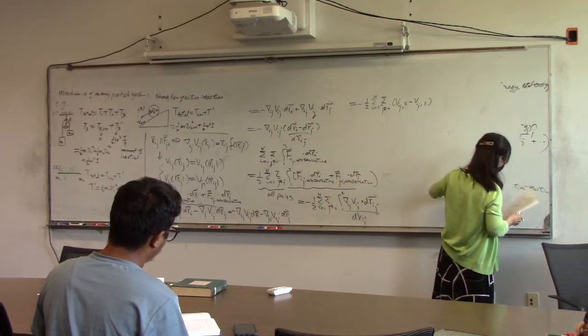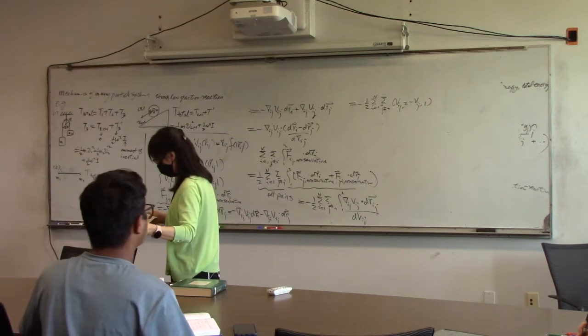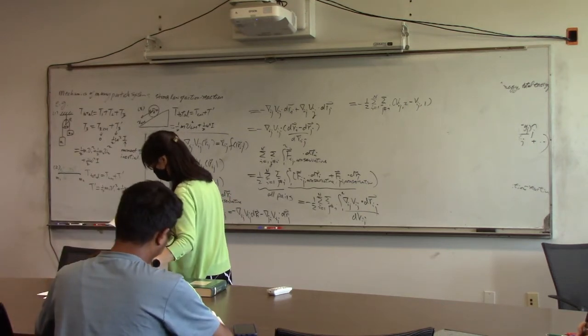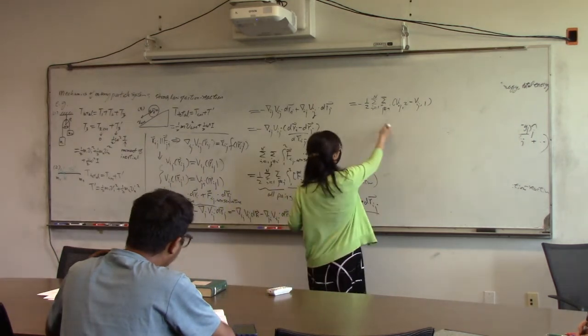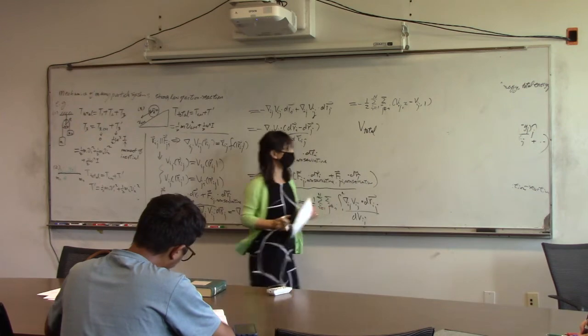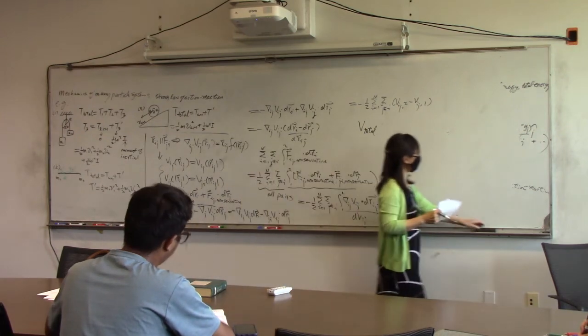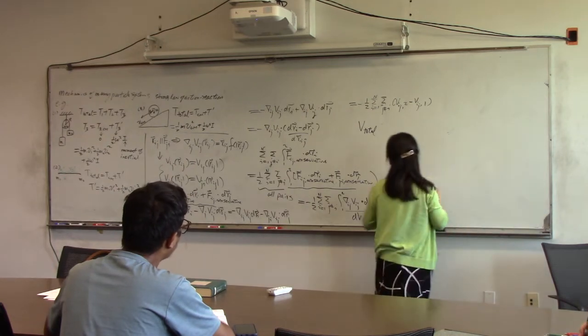So you see we have 2 parts. One is from the external potential, another is internal, right? So this one is internal. So now I have a total potential energy. If we have a system, we are going to analyze what is the total potential energy of the system, many parts of the system.